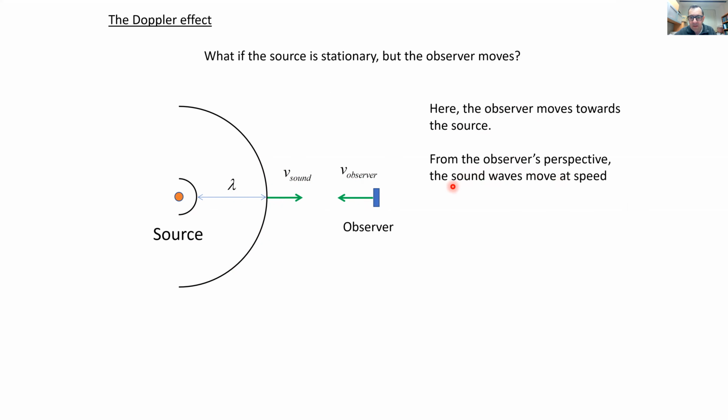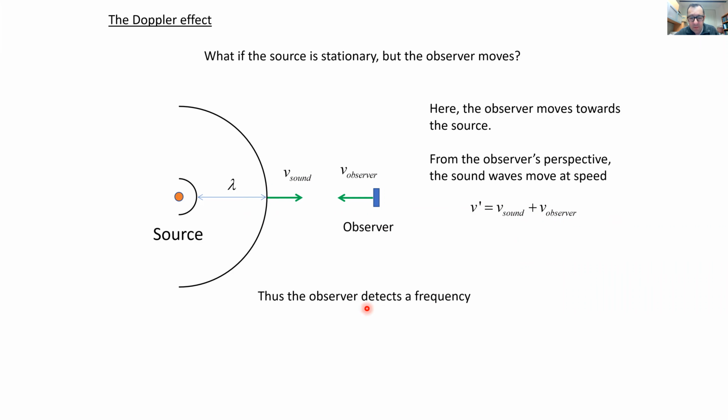From the observer's perspective, the sound waves move at speed v sound plus v observer. Right? If he's standing still, he would see the wave fronts go at v sound, but he's moving at v observer towards them. So that makes it look to him that the wave fronts are going faster than they are when he was stationary. So we add these two speeds for that speed.